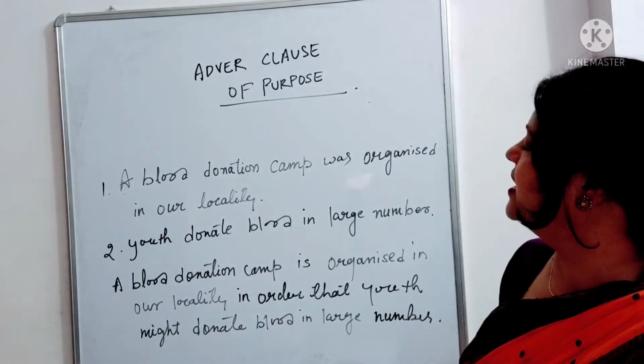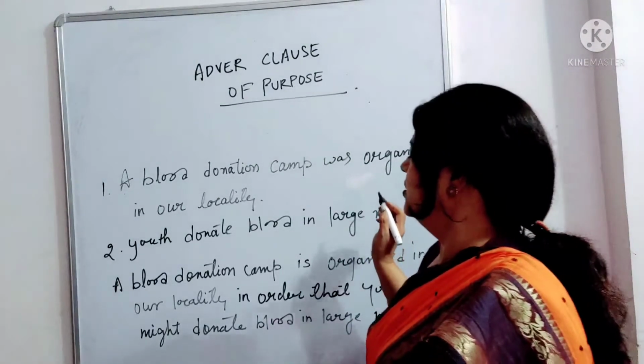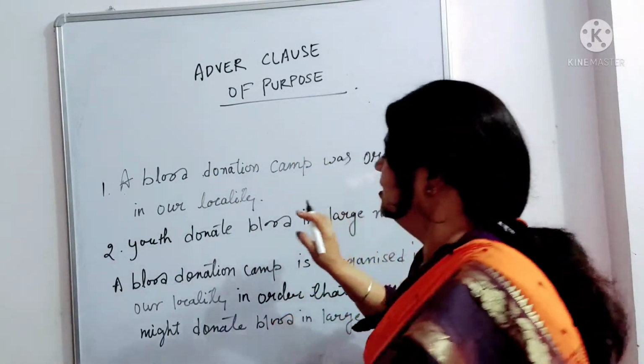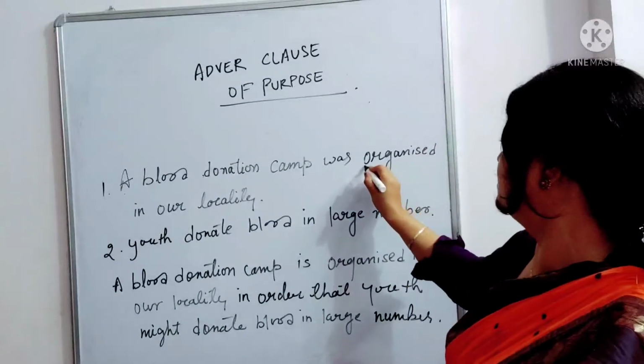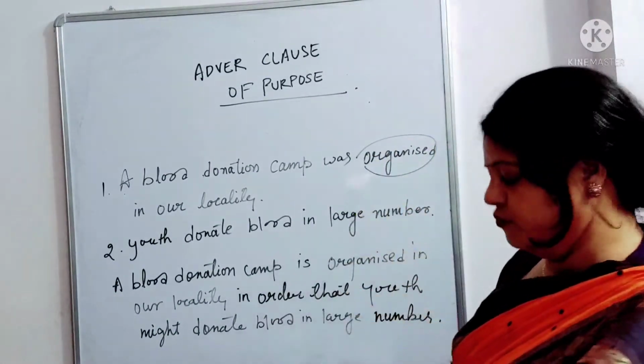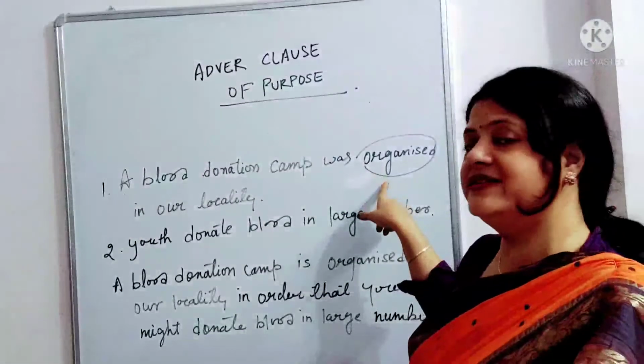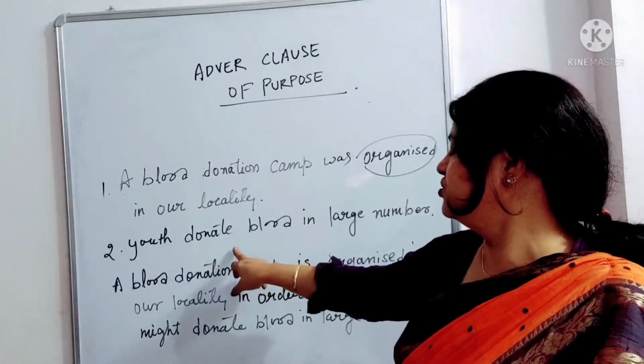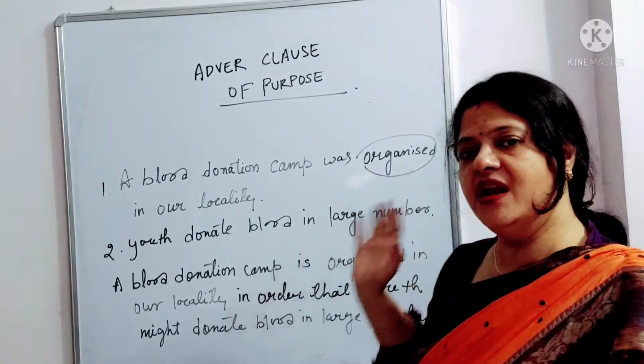So we see that in the principal clause we have this verb organized. What was the reason to organize this thing? The reason was that youth donate blood in large number.